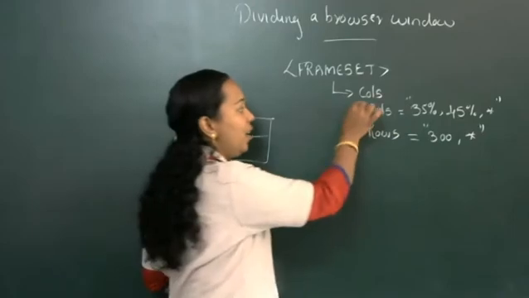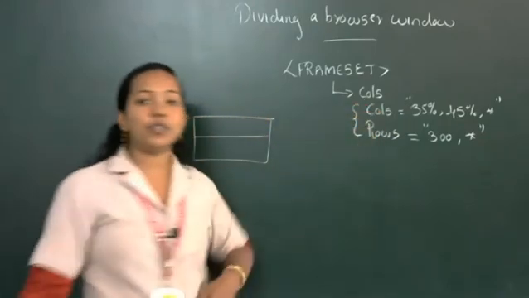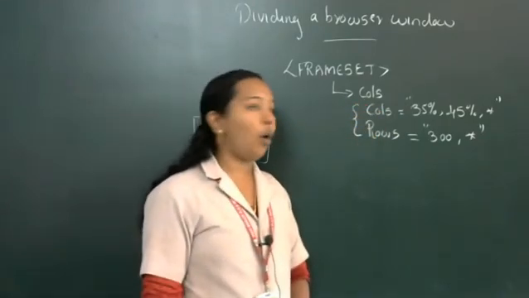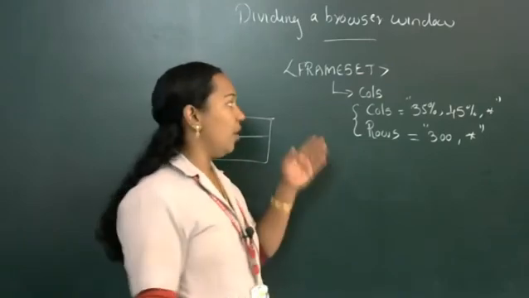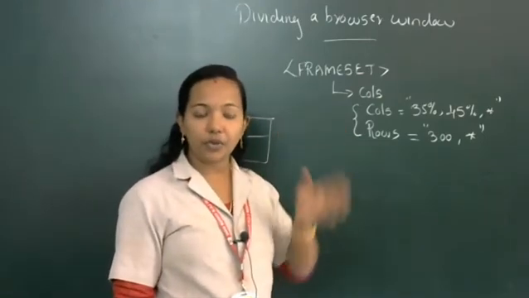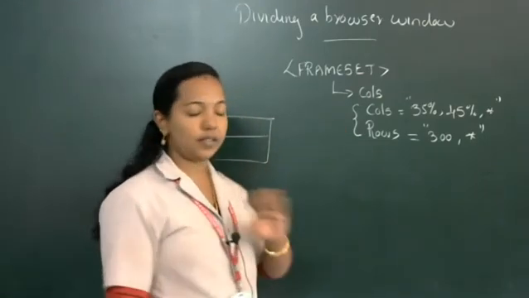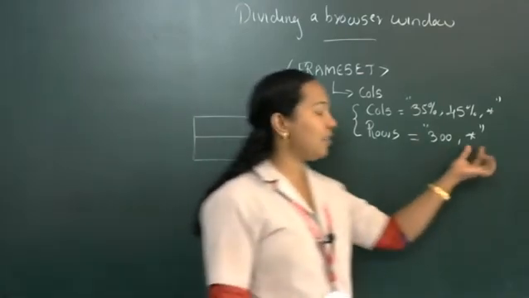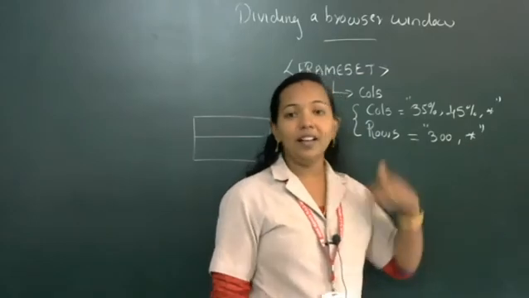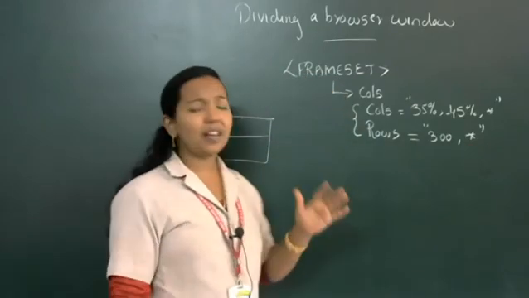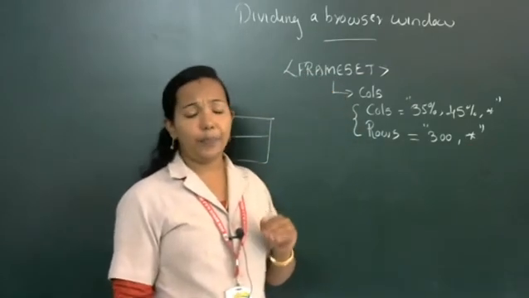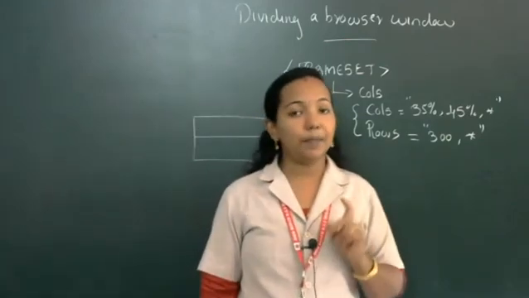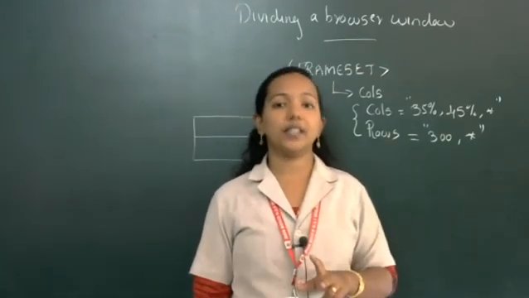So these are the two important attributes of the frameset tag: cols and also rows. Cols is used for dividing the browser window column wise. Rows is used for dividing the browser window row wise. Then star is used for allocating the remaining space for the web page. We can specify the value in pixels and also in percentage format.